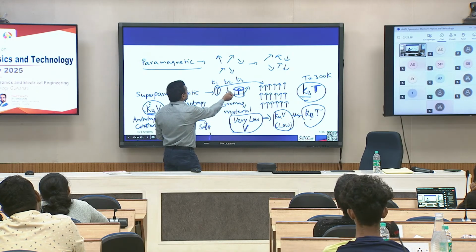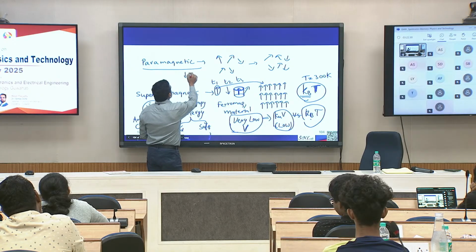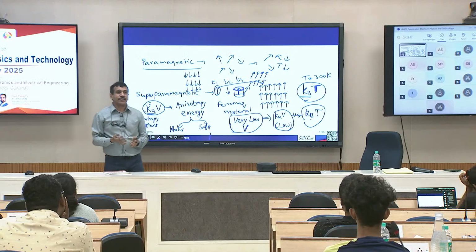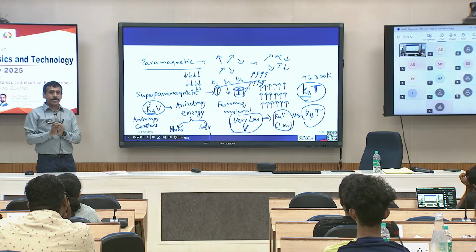At time t2, all the spins are like this. Okay. At time t3, all the spins are like this. So, what it means? The system is still ferromagnetic. Okay. The neighboring spins are parallel.